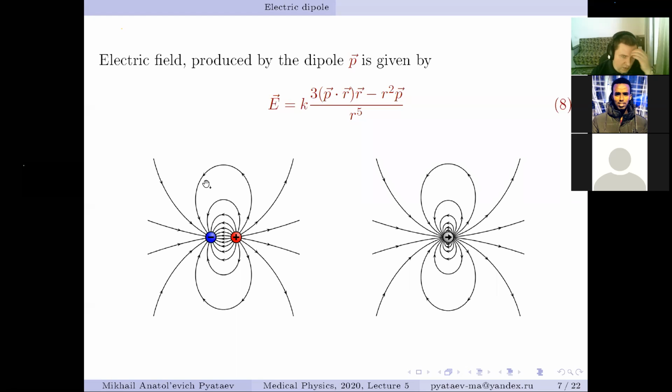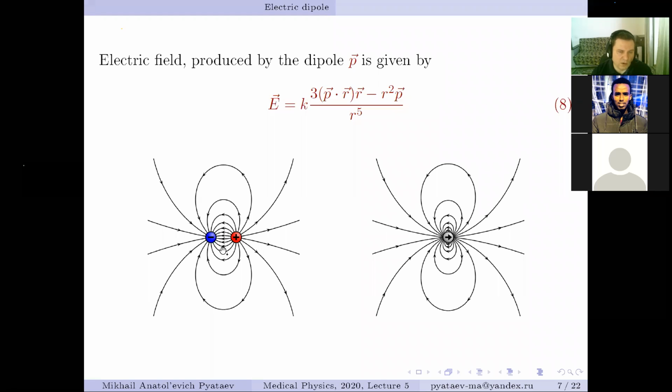So this is the picture of the electric field for some electric dipole, which is not very small. We do not look at this system from very large distances.